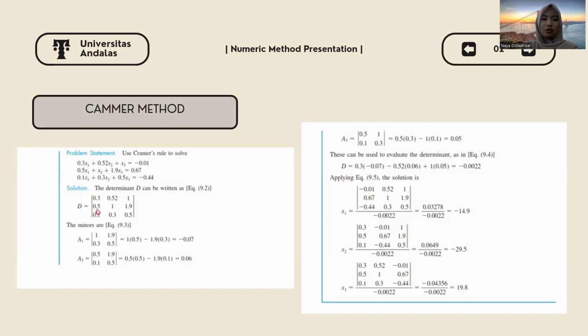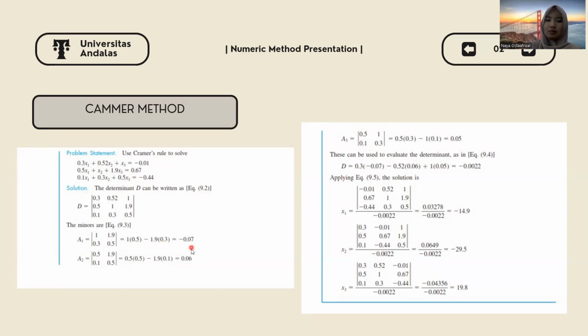First, you have to close this matrix, and then we can use 1, 0.3, 1.9, and 0.5. And then we can multiply 1 and 0.5 minus 1.9 times 0.3.